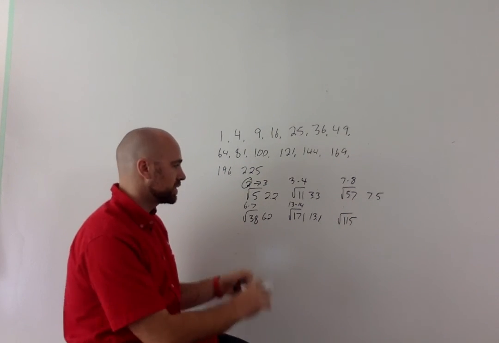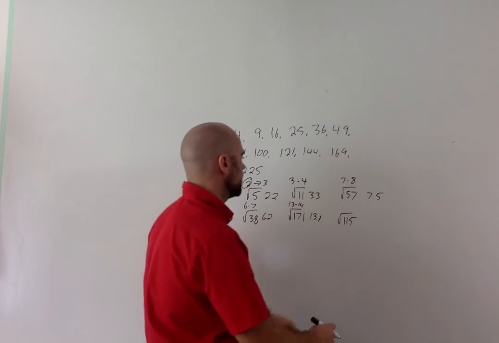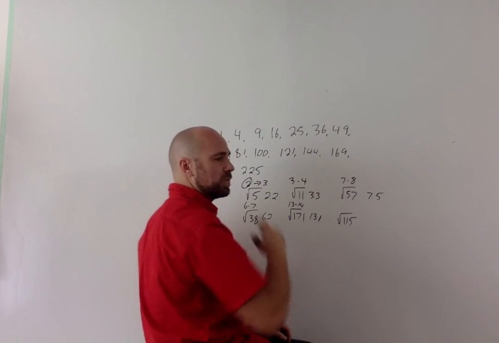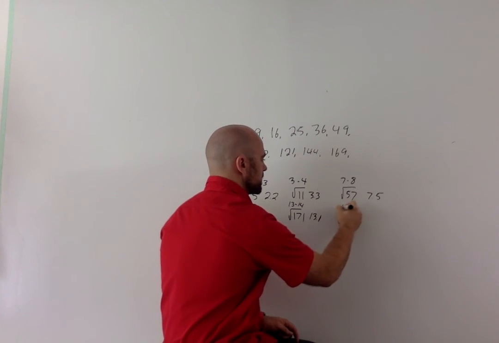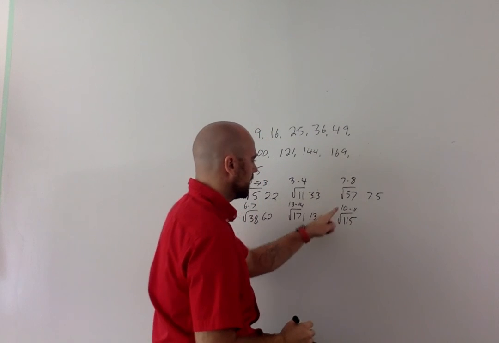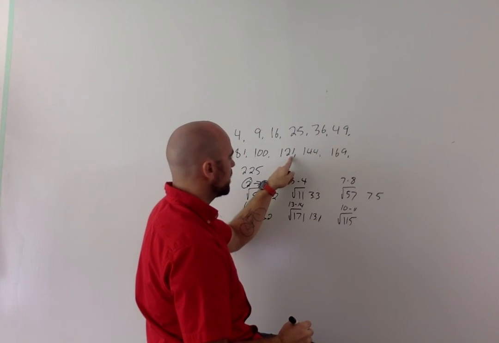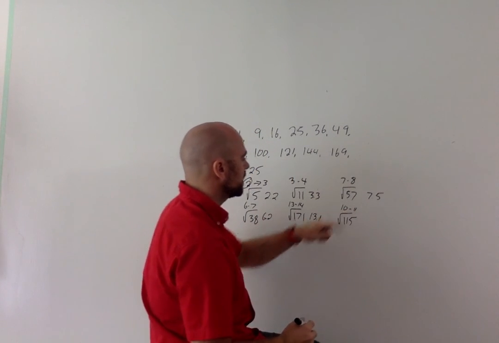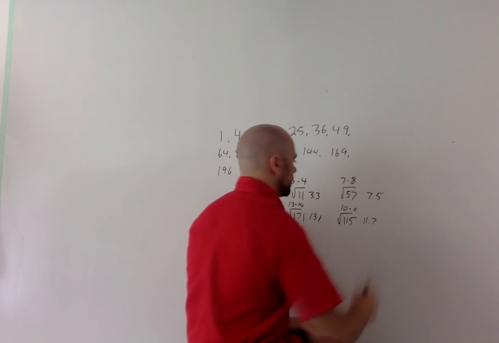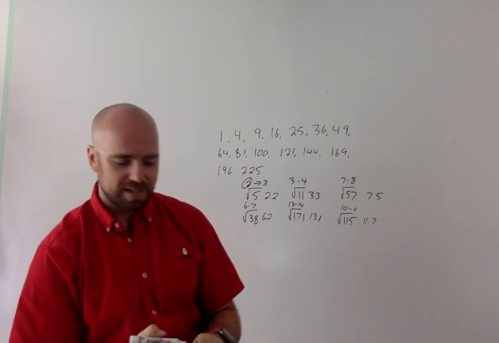So it's much closer to one as opposed to the other. So this one's going to be in between, 115 is in between 100 and 121. So that means the square roots of those numbers are between 10 and 11. Okay? But it's close, it's 5 away from here and it's 15 away from here. So it's going to be closer to 11. I'm going to say like 11.7. Seems like a pretty decent guess.